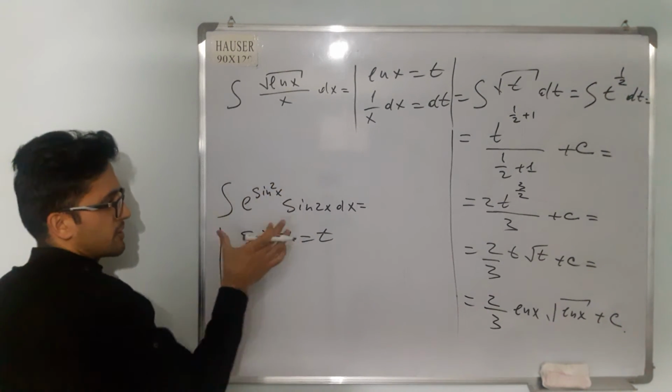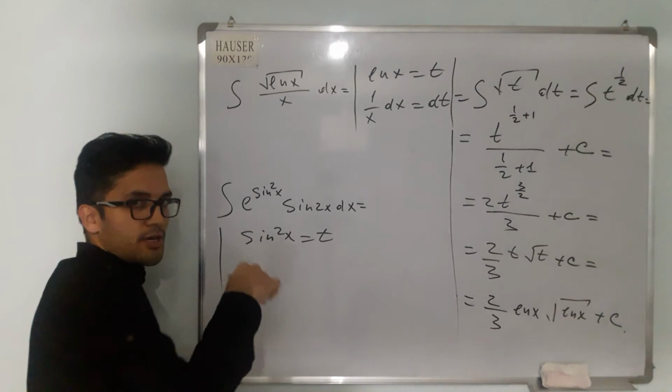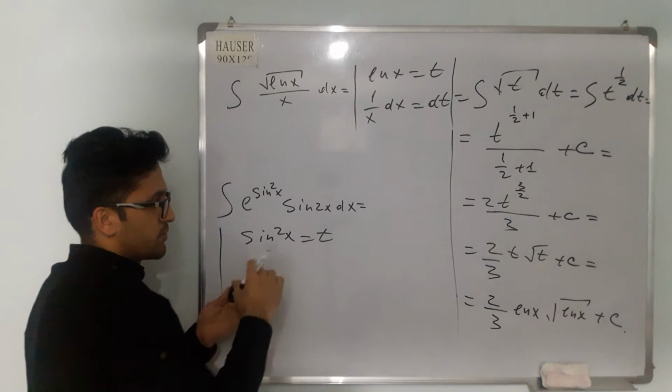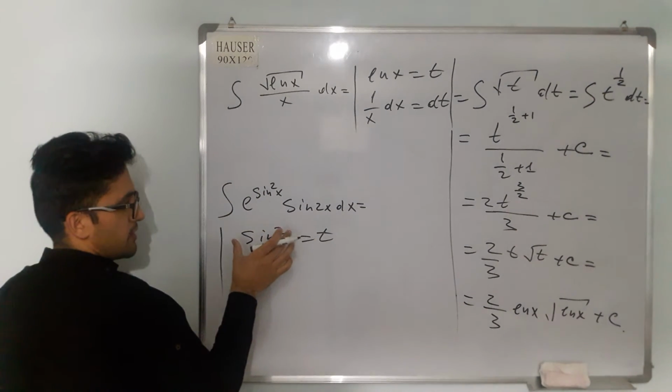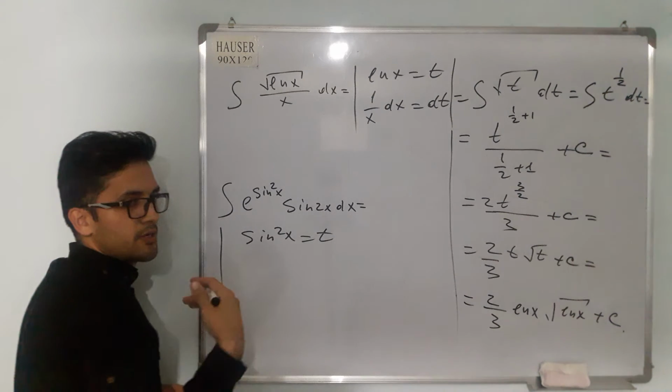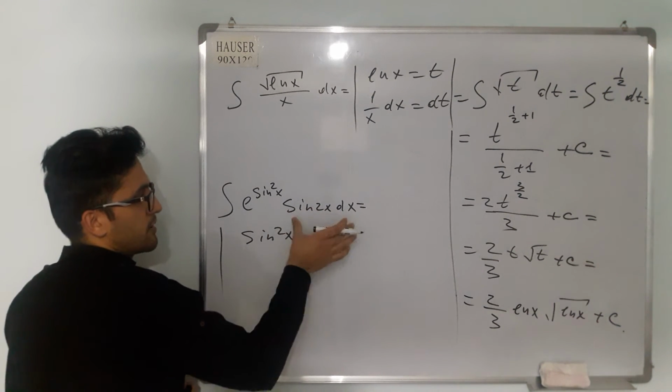When you label some expression and take its derivative, the other expression should appear. Only from sin squared x can sin 2x come out.